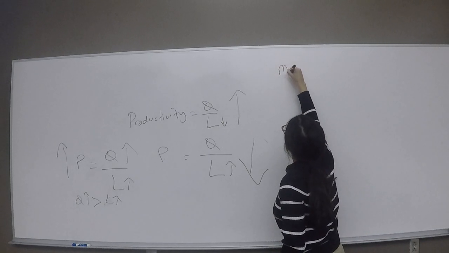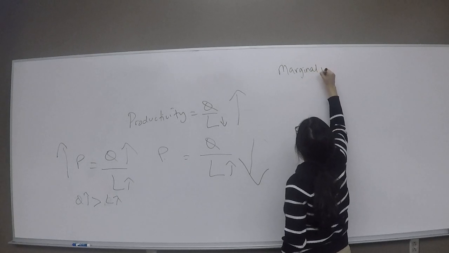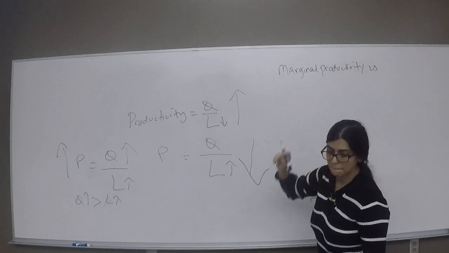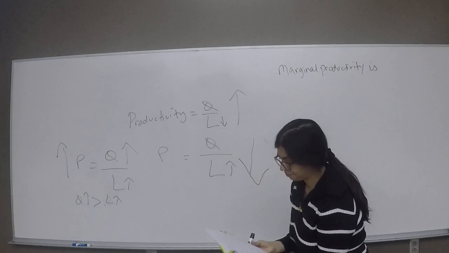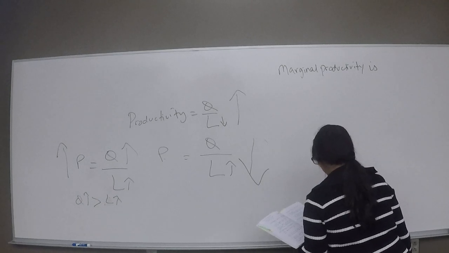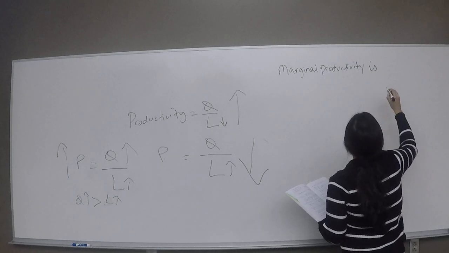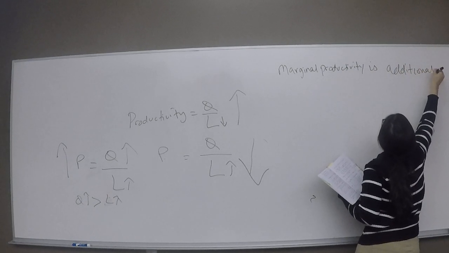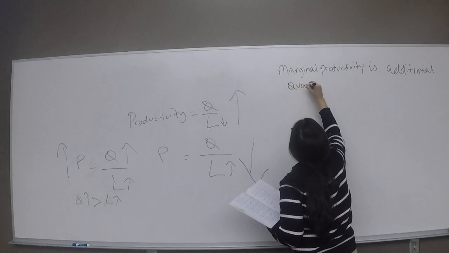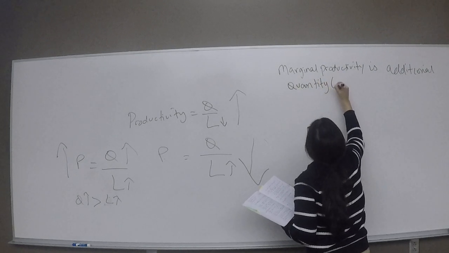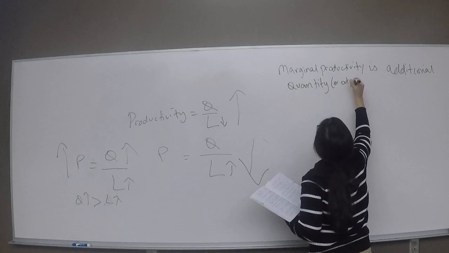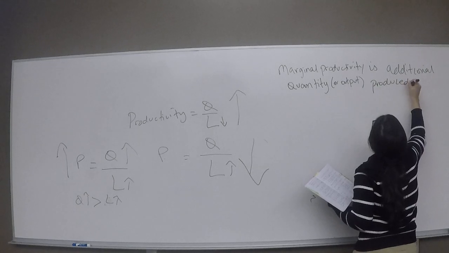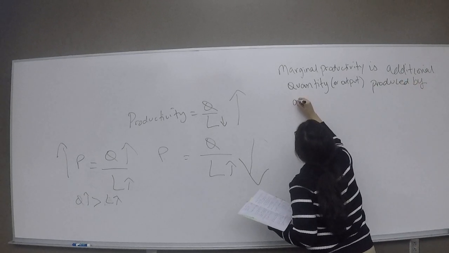Marginal productivity is additional output, or additional quantity, produced by additional labor.